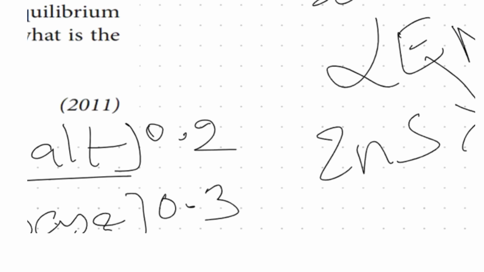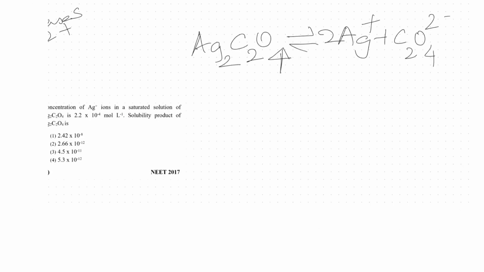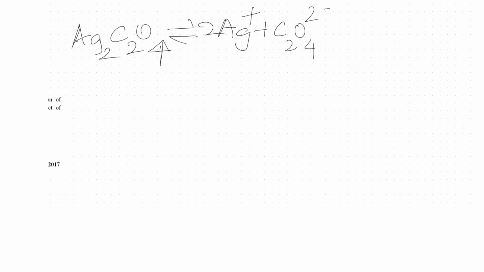Concentration of Ag plus ions in a saturated solution of silver oxalate is 2.2 into 10 power minus 4 molar. Solubility product. They have given solubility and they are asking you to calculate solubility product. First you write the equation. Now solubility value is given.